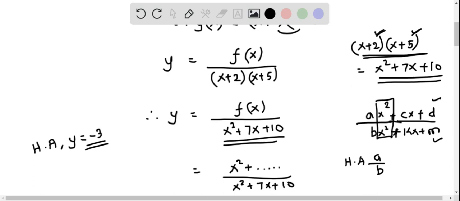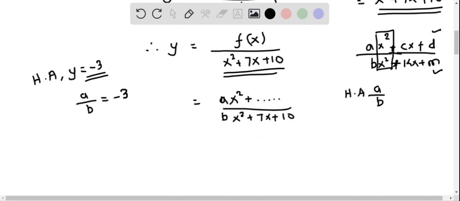However, when we divide these coefficients, let's say this is a and this is b, a by b should equal -3. But we already know the coefficient of the denominator polynomial, that is b equals 1. So let's substitute b equal to 1 here, and when we do that, we get the value of a, and this equals -3. So this is how we determine the coefficient of the x squared.